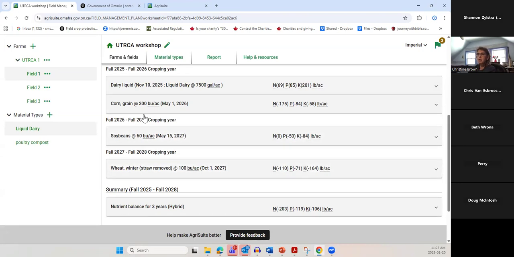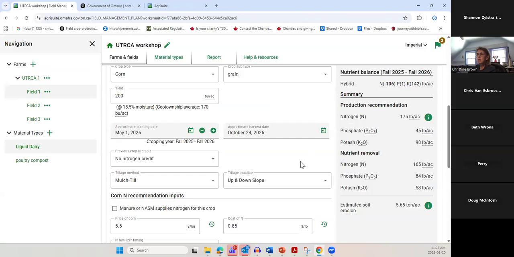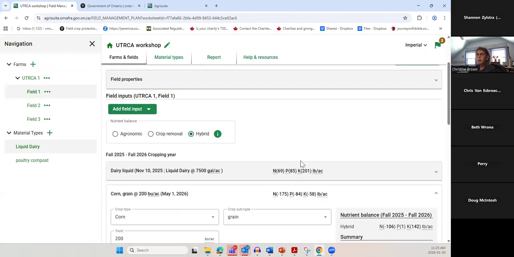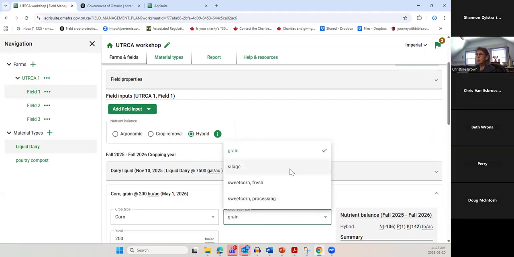Let's just say we're going to apply it. Maybe we can change that corn to silage corn because it's going to come off faster. Just see what this does.